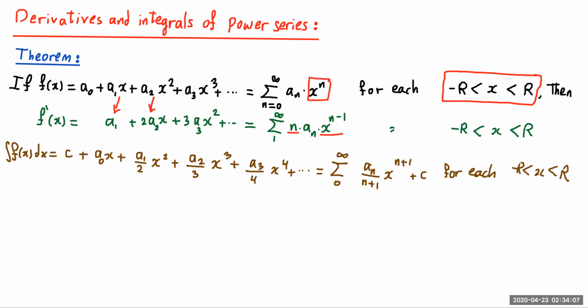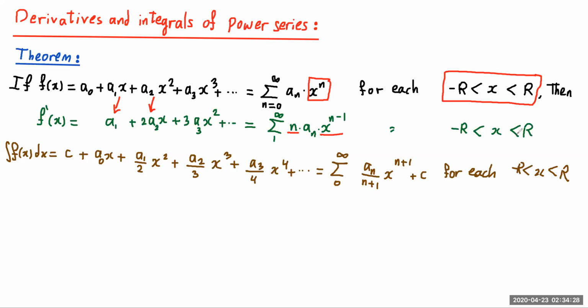So f derivative will be sigma n an x power n minus 1 from 1 to infinity, or from 0 to infinity. If I write from 0, the first term will be 0 here. So this sigma is the Maclaurin series of the function f derivative of x on the interval (-r, r).